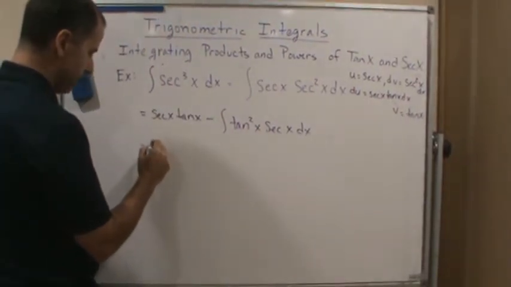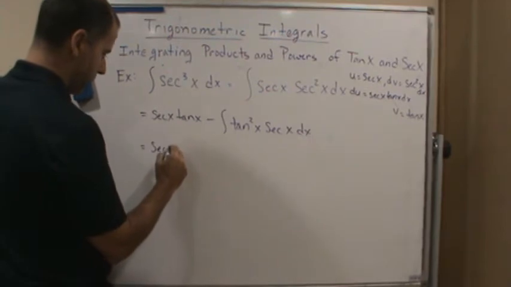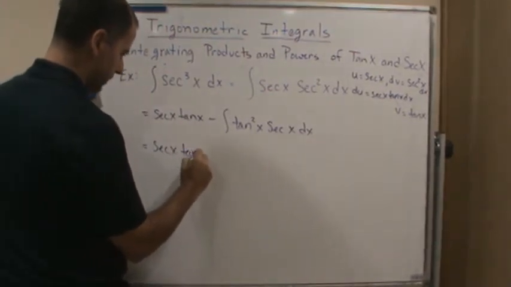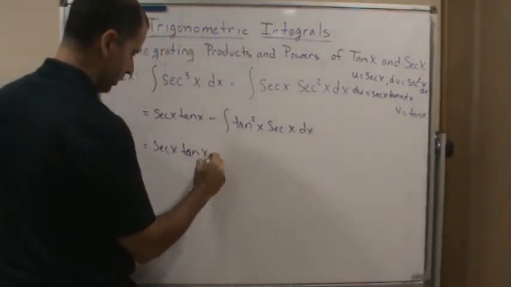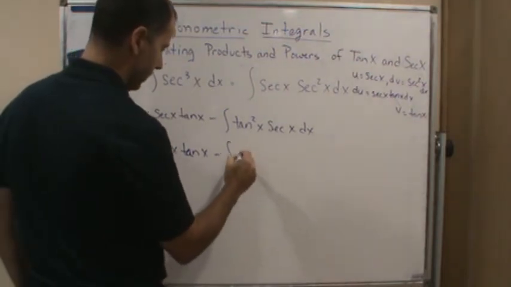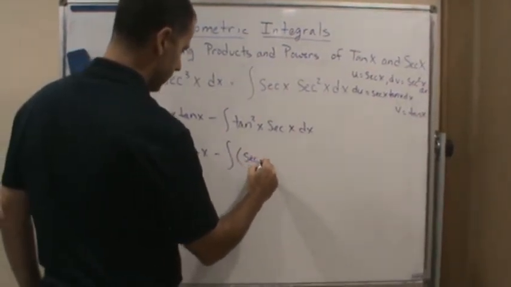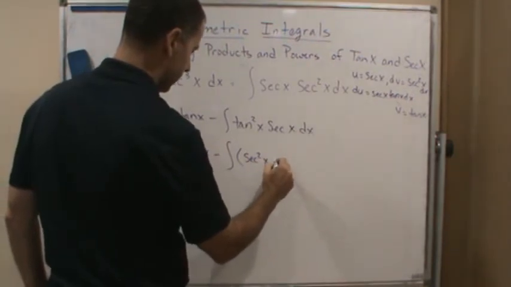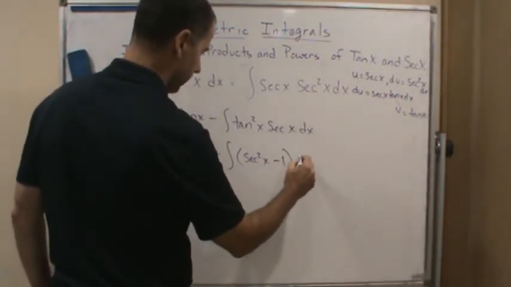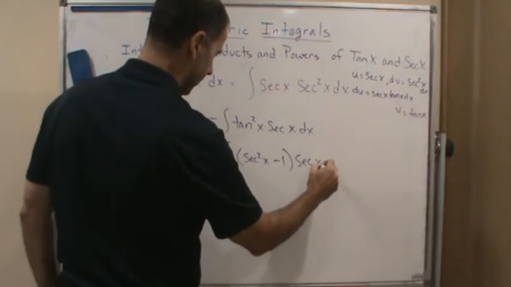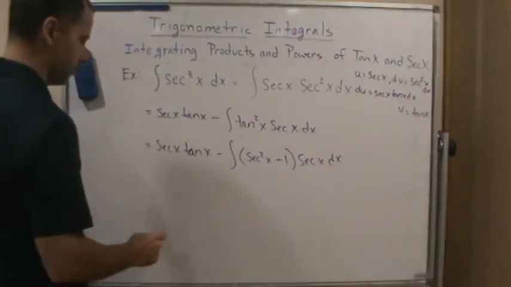So let's write this as secant x tangent x minus the integral of secant squared x minus 1 times secant x dx.